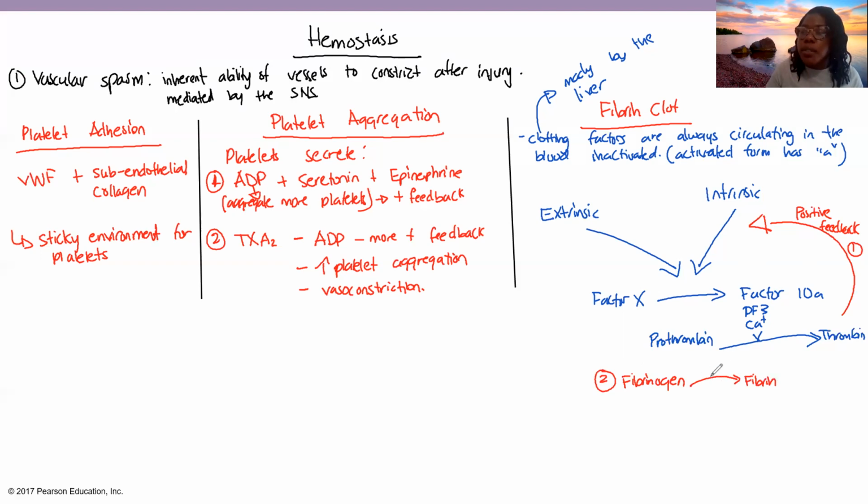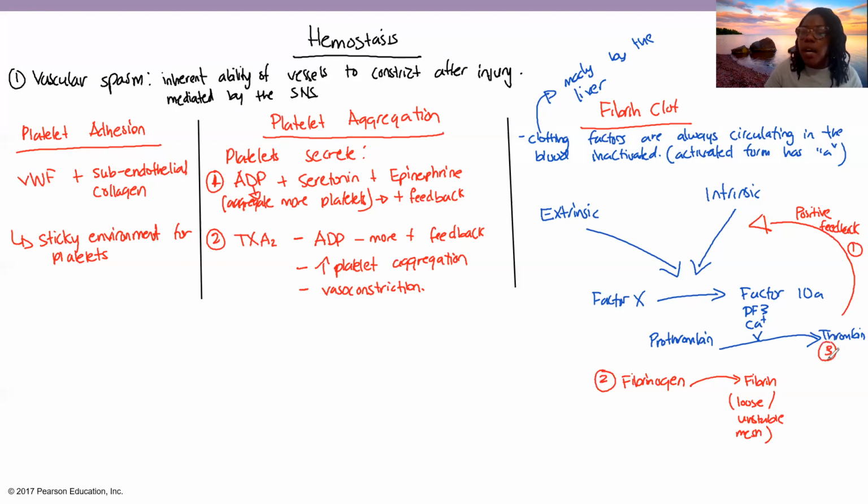But this is the loose meshwork, right? This is not stable, loose or unstable meshwork or mesh, okay? And then the third job of thrombin is to activate factor 13.